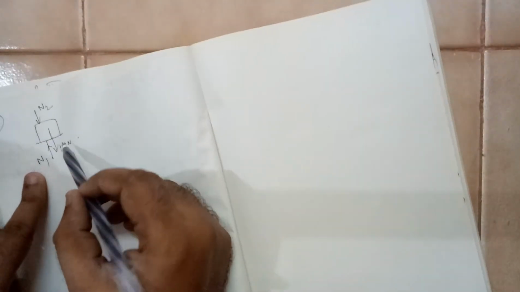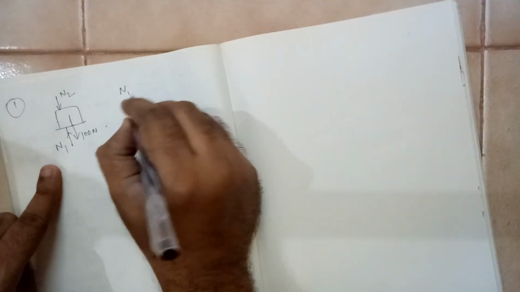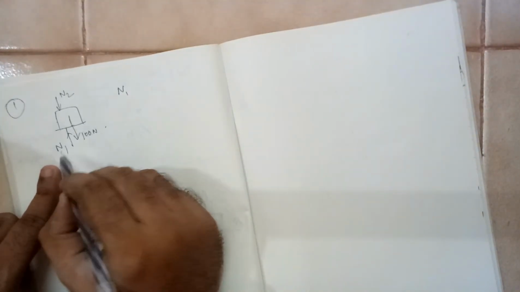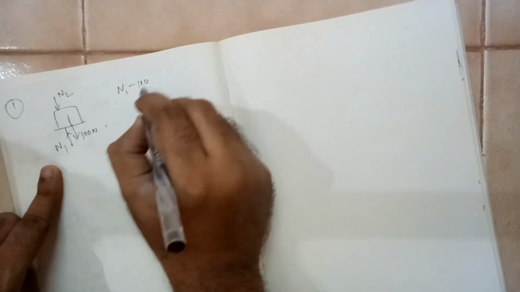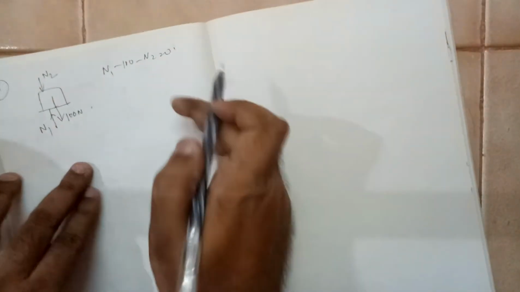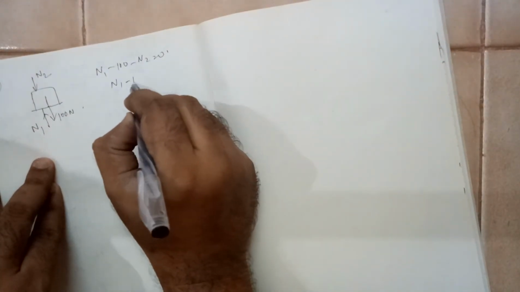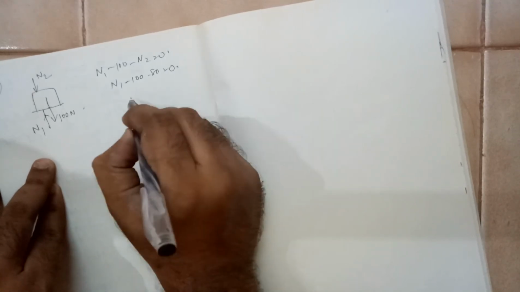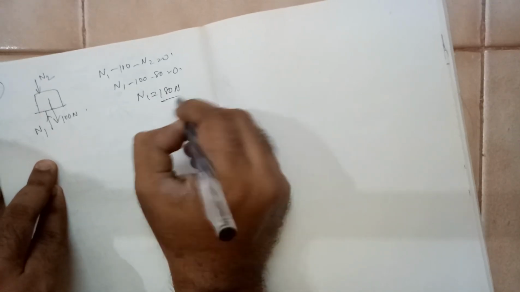Here if you put sigma Fy is equal to 0, N1 in the upward direction minus 100 minus N2 is equal to 0. The N2 value we have calculated is 80. So N1 minus 100 minus 80 is equal to 0, so N1 is equal to 180 newtons.